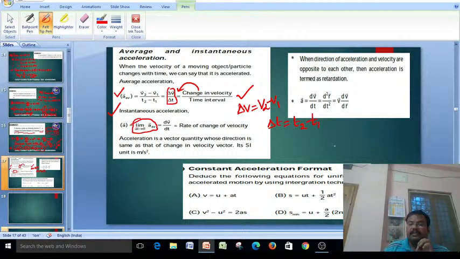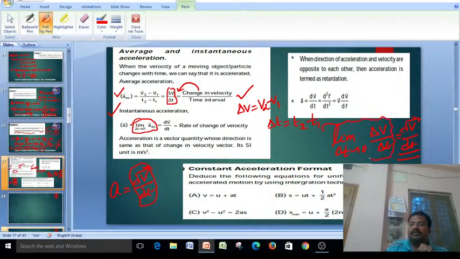That's why I am considering the limit delta t tends to 0 of the average acceleration, delta v divided by delta t, which is equal to dv divided by dt. This is the rate of change of velocity, which is nothing but the instantaneous acceleration. So instantaneous acceleration is directly represented as dv bar divided by dt.